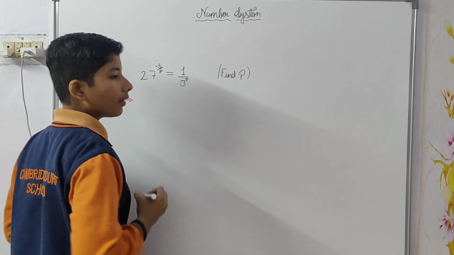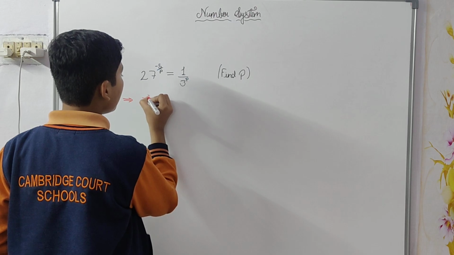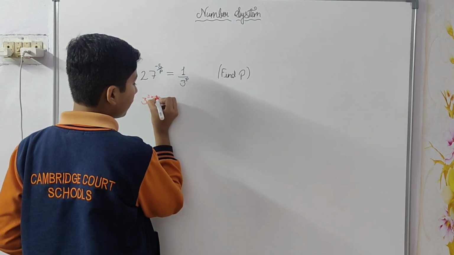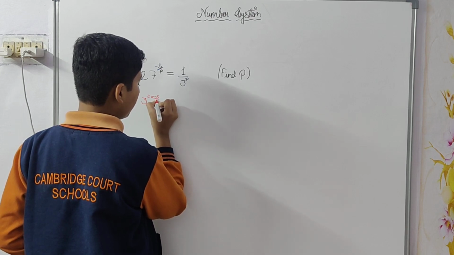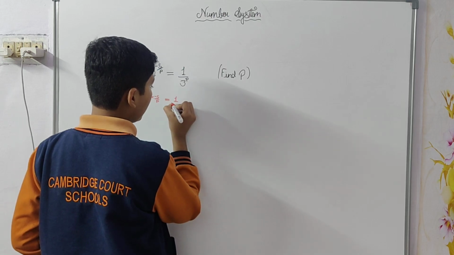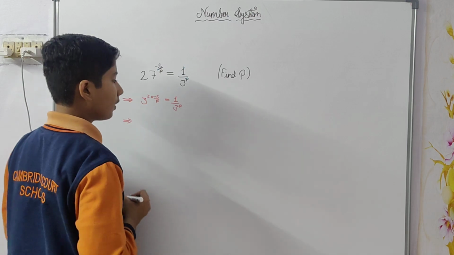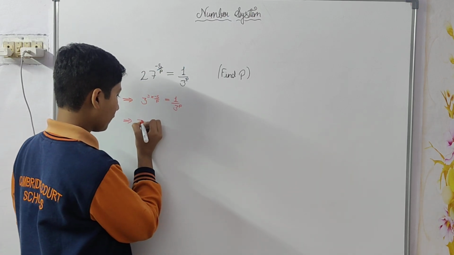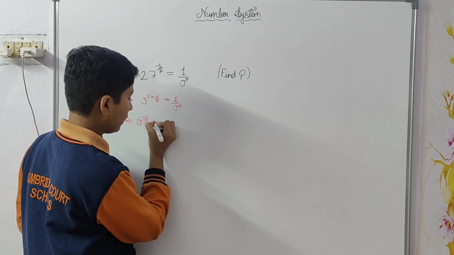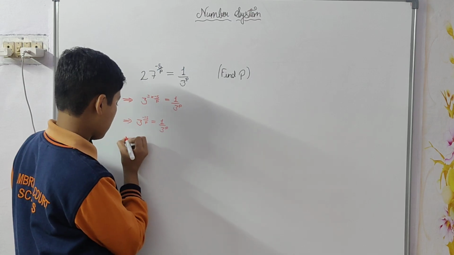So 27 can be written as 3 to the power 3, and the power was minus 5p, so (3 to the power 3) to the power minus 5 upon p equals 1 by 3 to the power p. Now 3 to the power minus 15 by p equals 1 by 3 to the power p.